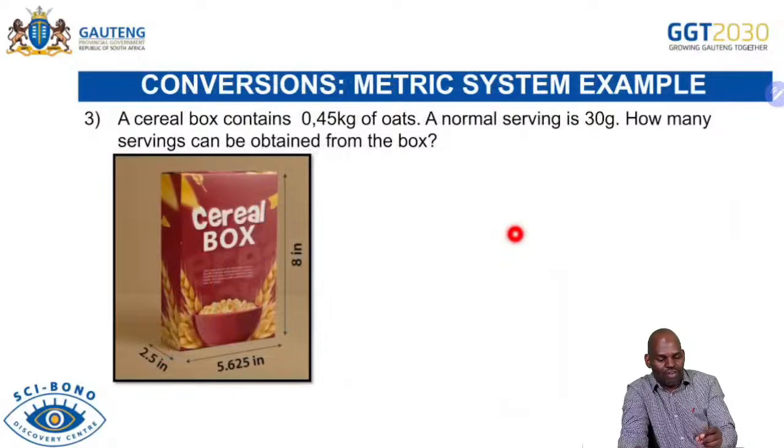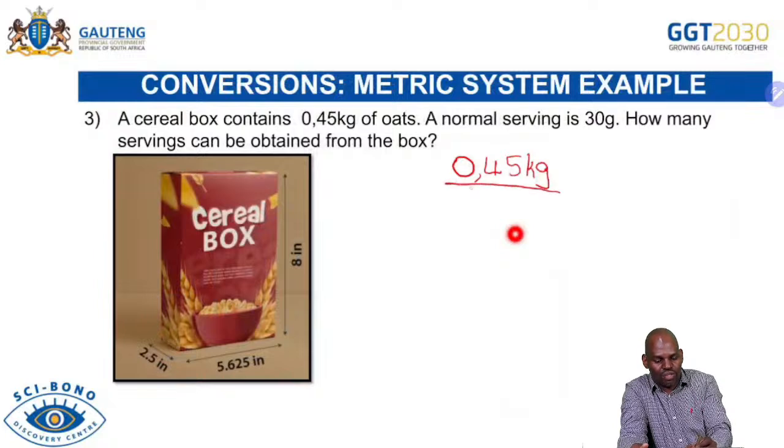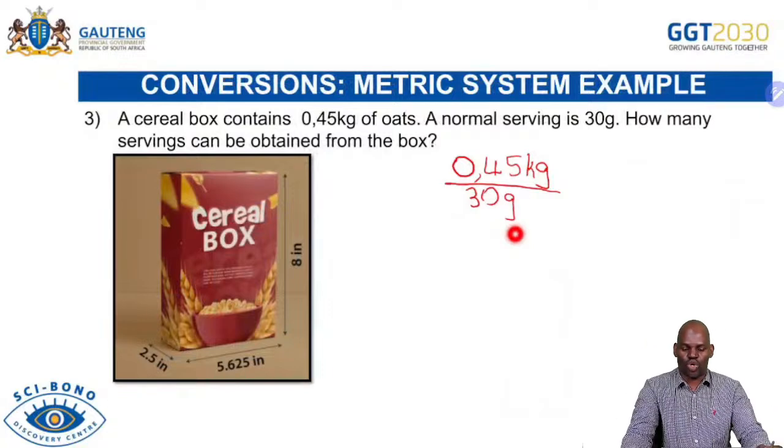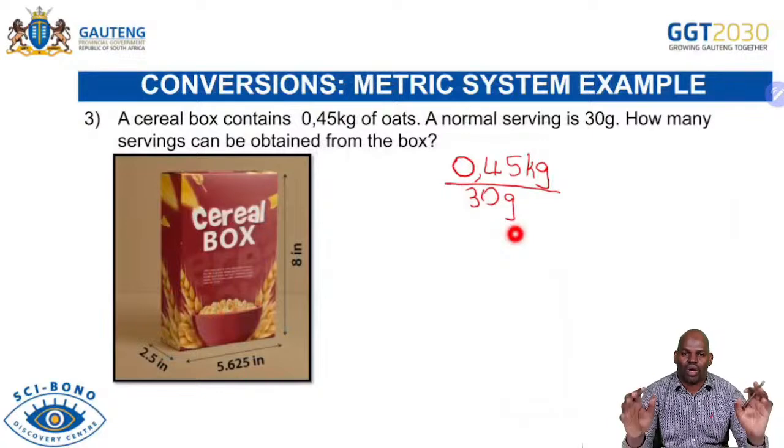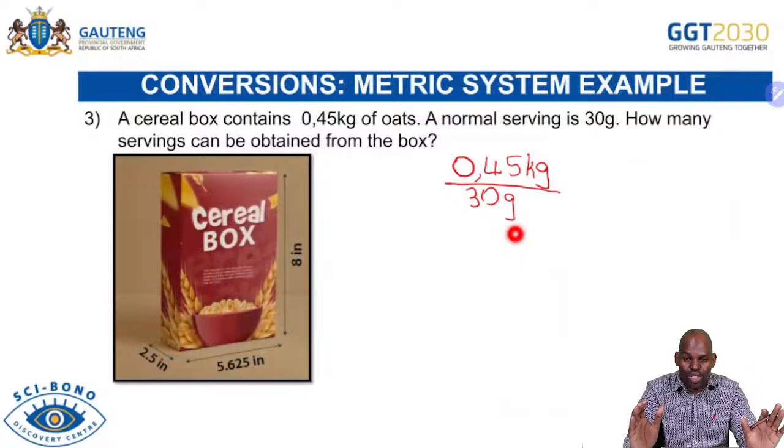So we take 0.45 kilogram and divide it by 30 grams. Now you need to be careful, boys and girls. There's a catch in this one.